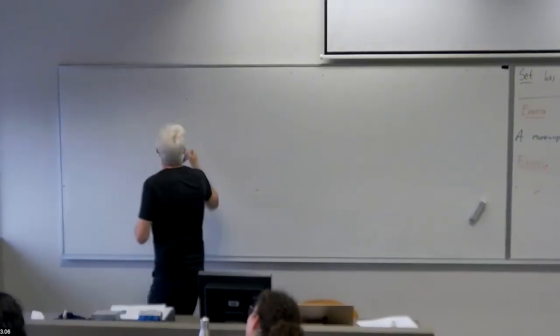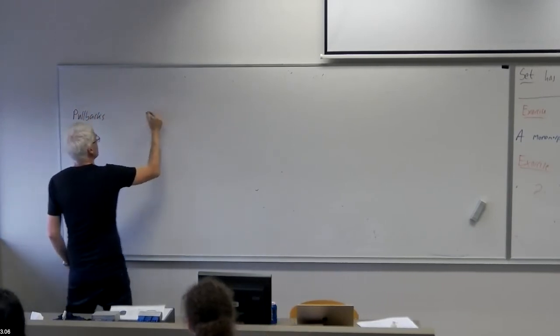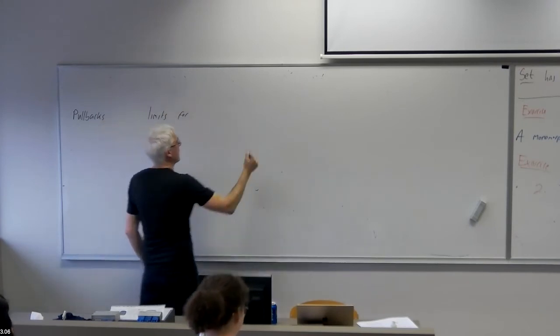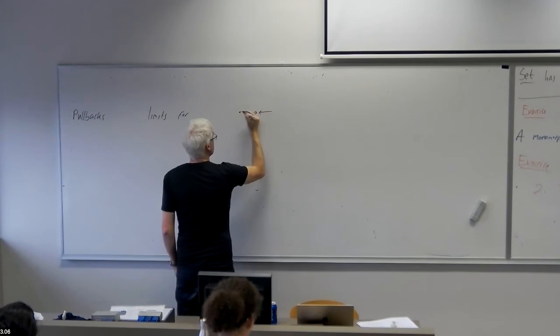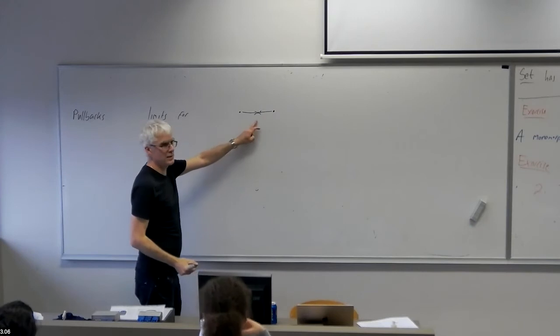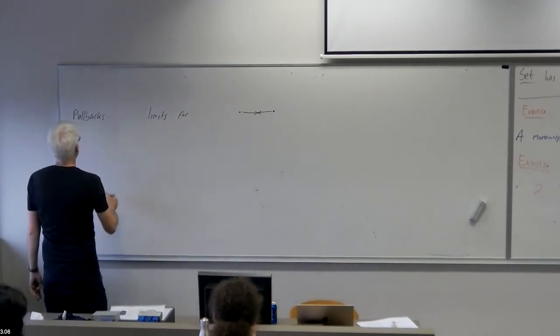So we've got a list now of limits we've looked at. So we've looked at pullbacks, and these are limits for diagrams that had a particular shape. So let's put dots for the objects and arrows for the morphisms, but we won't give them names.